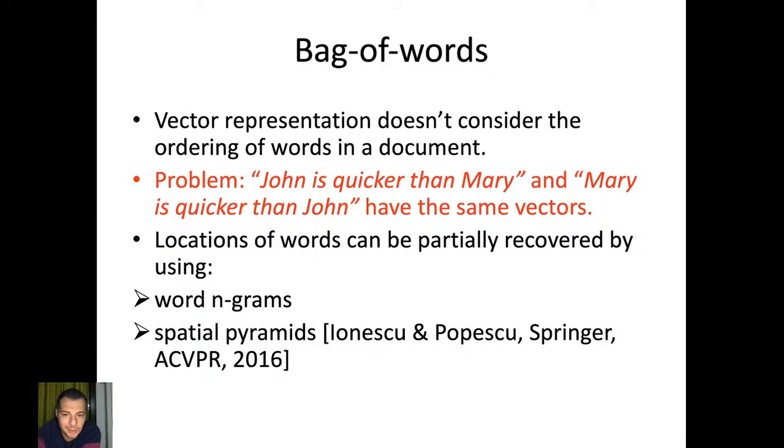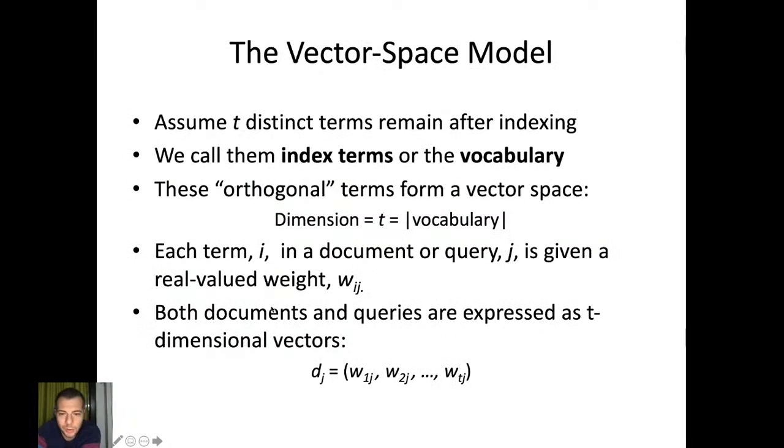Compared with word n-grams, the main benefit of spatial pyramids is that they give you the rough location of words in the document. They recover maybe the global location, not the local location, but in terms of space, they have a more compact representation than using word n-grams.